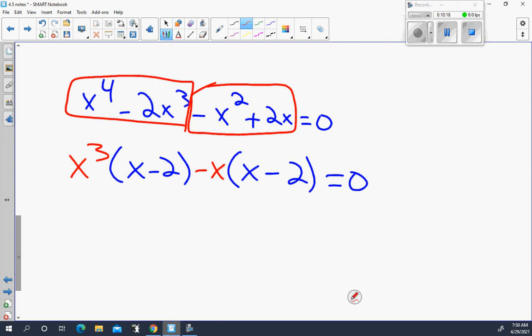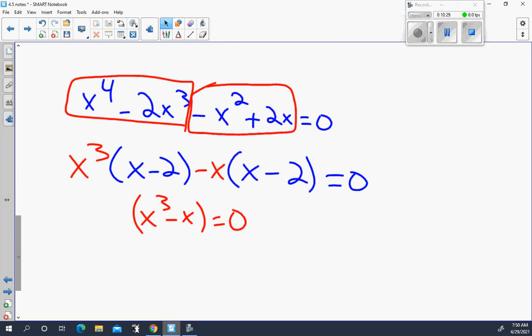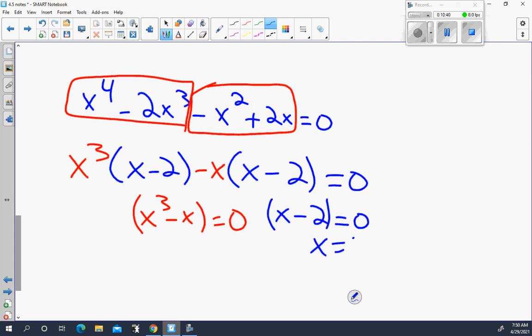So I have x cubed minus x equals 0, and I have x minus 2 equals 0. Okay, so over here I know that x is going to be equal to 2.